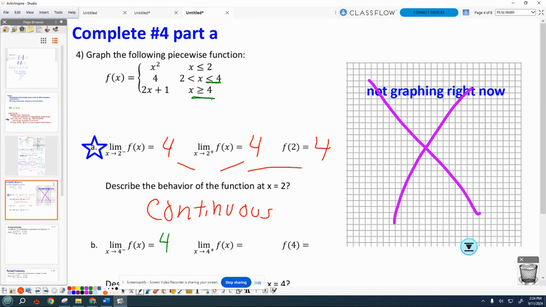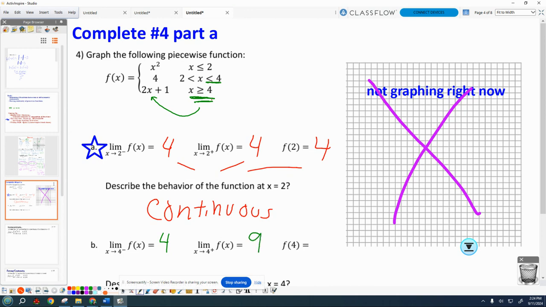The other side of 4. Okay, this is the side that's bigger than 4. Plugging 4 in for x, what number do we get? 9.